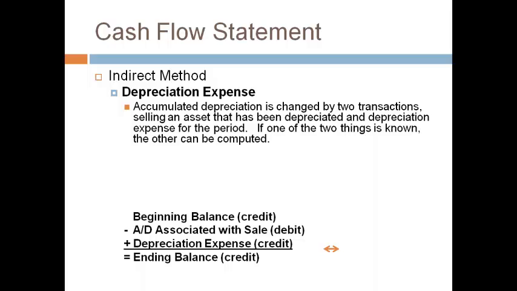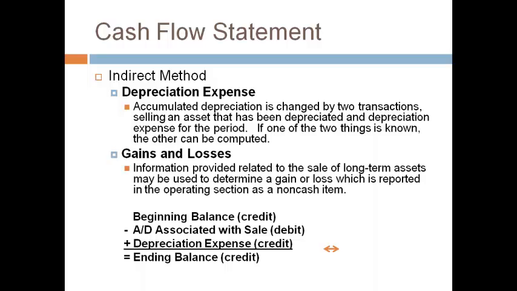If you know the beginning and the ending balance and one of the two other transactions, you can plug the amounts and determine the other amount. You will generally be given the amount of accumulated depreciation sold and have to plug for depreciation expense. Gains and losses are generally determined by recording the journal entry for the sale using the additional information provided.